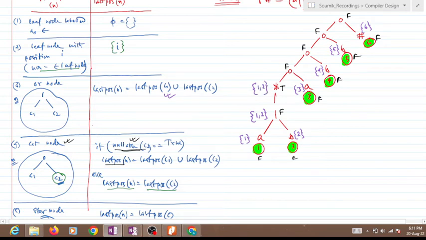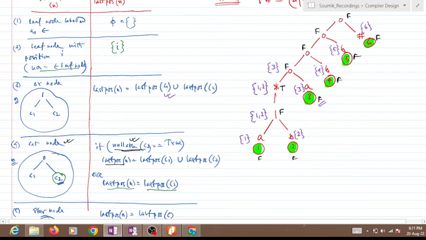Now consider this cat node. Here the calculation occurs, so we have to check the nullability of the right subtree. The nullable of the right subtree is false, so the lastpos of this node will be the lastpos of the right child, so it will be 3. Now consider this cat node.